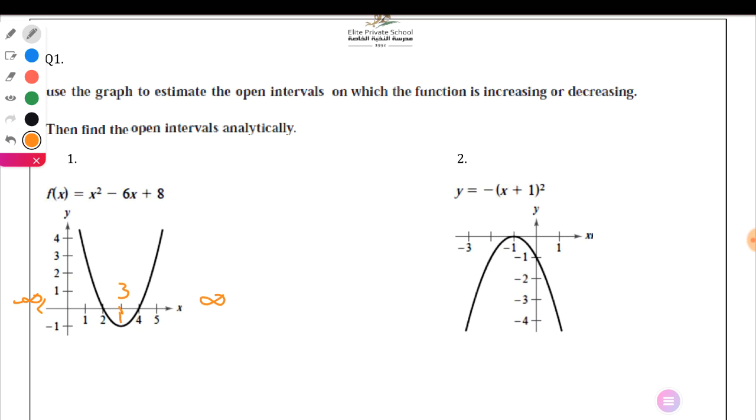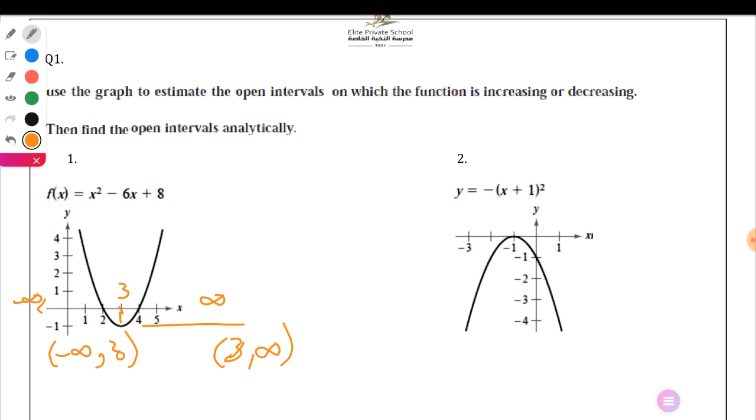The critical number divides this number line into 2 intervals. The first interval is what? Negative infinity to 3, all of the values of x between negative infinity and 3. Then all of the values of x between 3 and infinity, because as you know, we have to write the smaller number first in an interval.